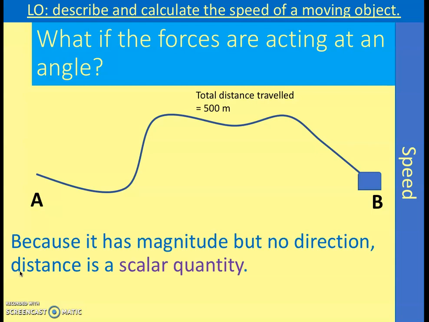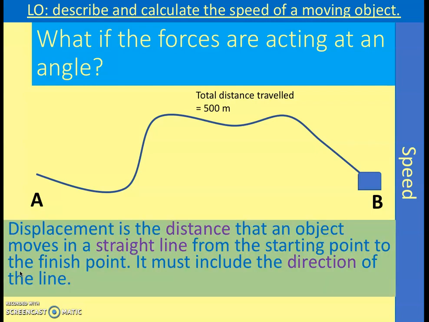Because it has a magnitude, so remember the word magnitude means size, because it has a magnitude but no direction, then we can go back to our very first lesson and we can say it's a scalar quantity. Displacement, however, is the distance that the object moves in a straight line from the starting point to the finishing point, and it must include the direction.